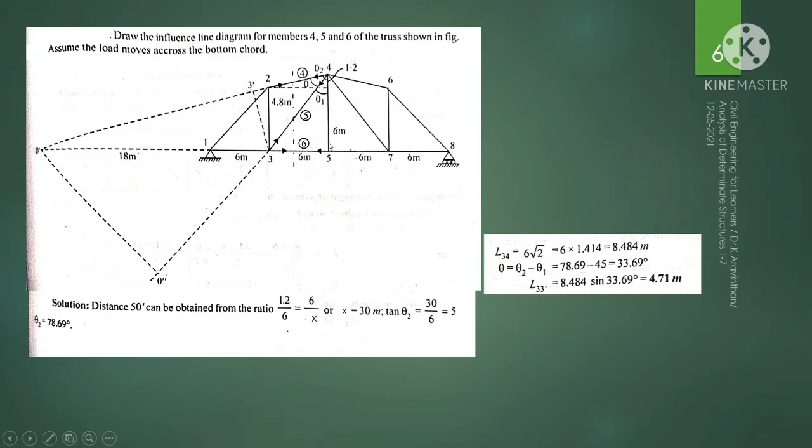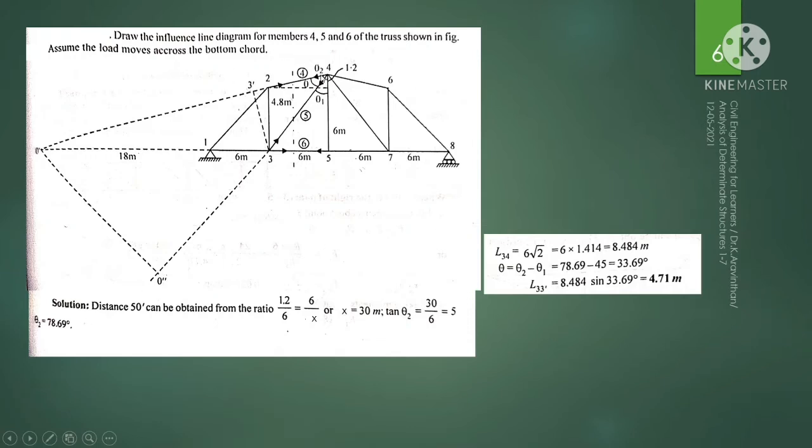So opposite is 30 and adjacent is 6. So tan theta equal to opposite by adjacent. If you inverse this, you will be getting the theta 2 value, which is 78.69 degree. Okay.